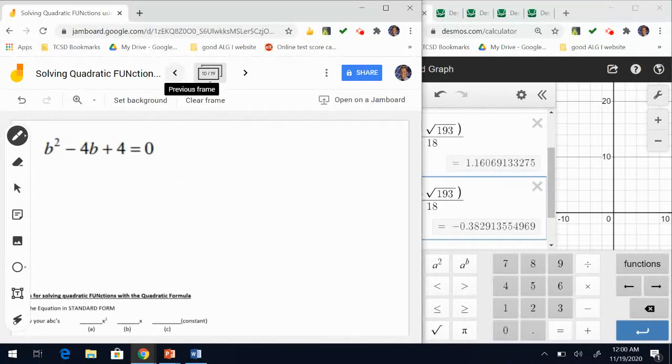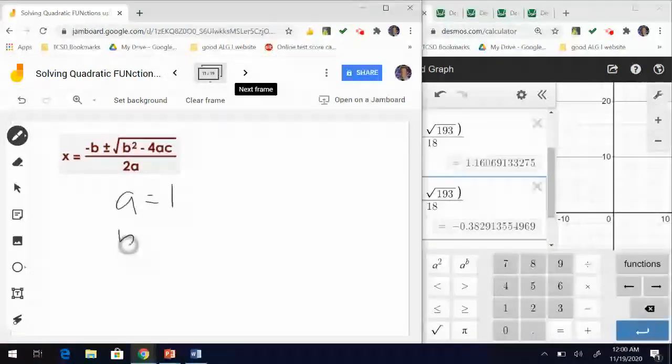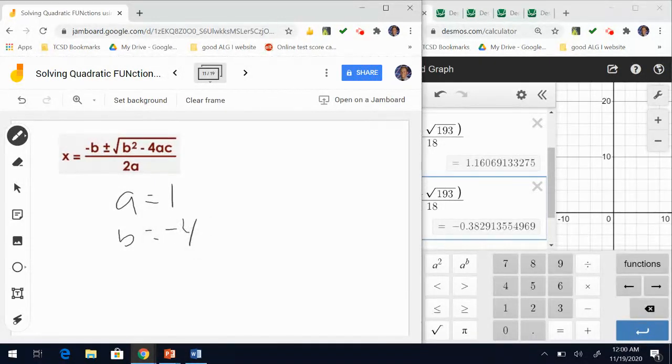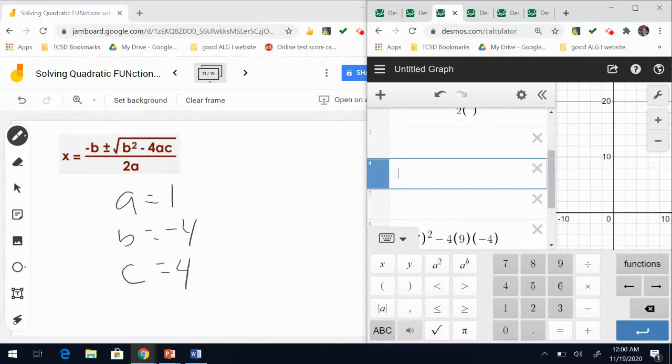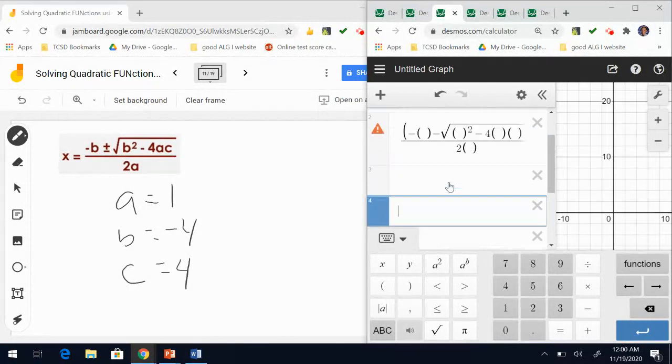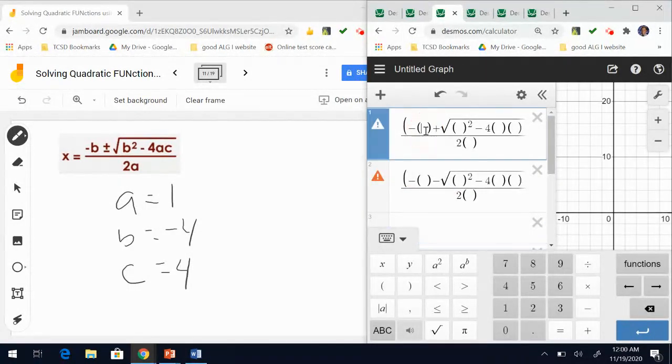My b was negative 4. And my c value was positive 4. So when I go here into my Desmos, I already have it hooked up, I think. Yep. What's my b value? Negative 4. That goes in the radical first as well.